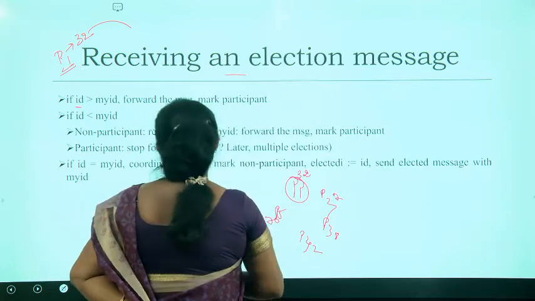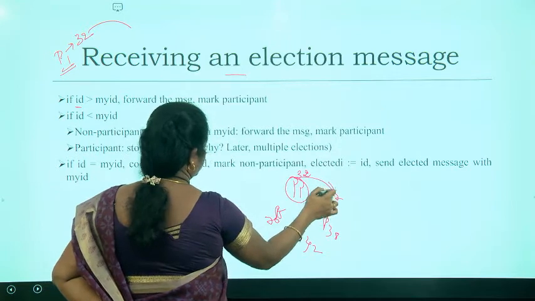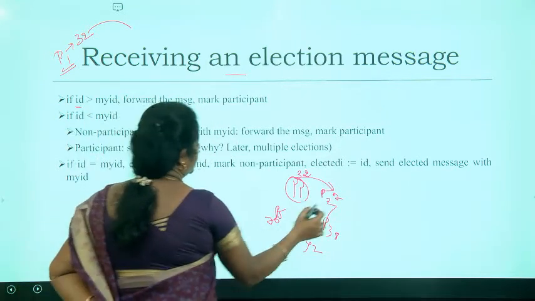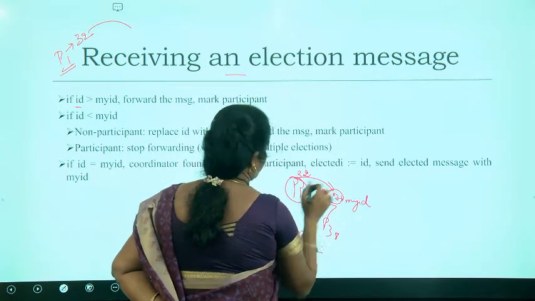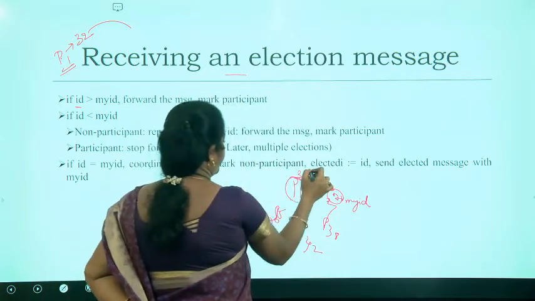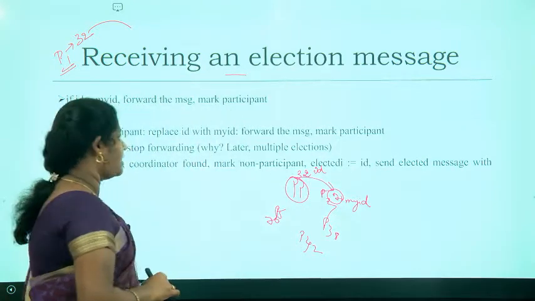Now, this is a neighbor. Once the message comes here, it passes to the neighbor. This is nothing but my ID. This process ID we can call my identifier, and the participant ID is ID. Now you know what ID is and what my ID is.